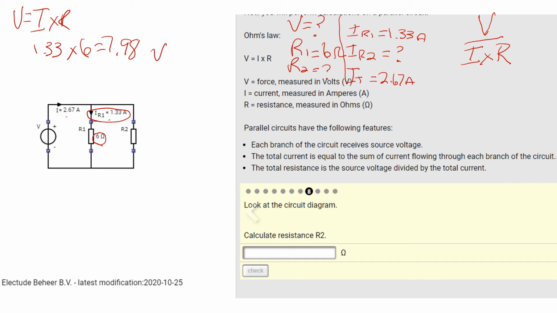So my voltage over here is going to be 7.98. That's constant through anywhere in that circuit. Okay.